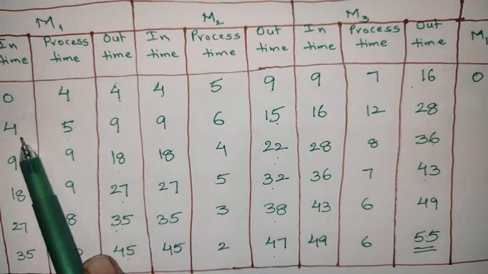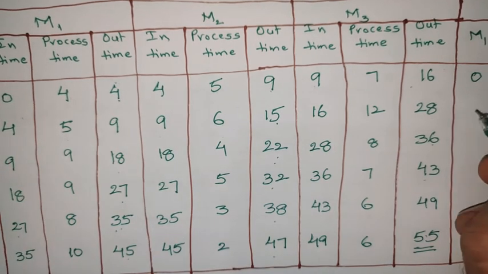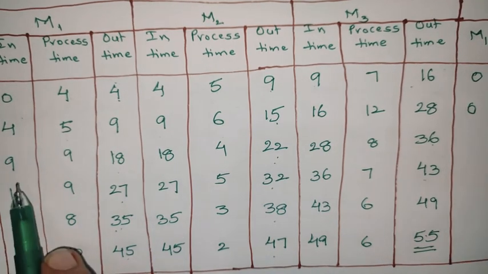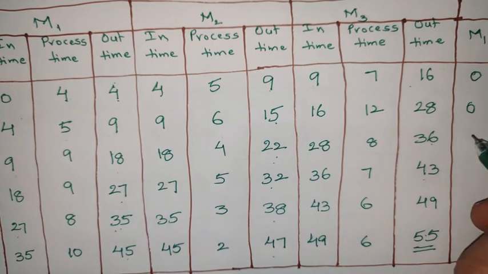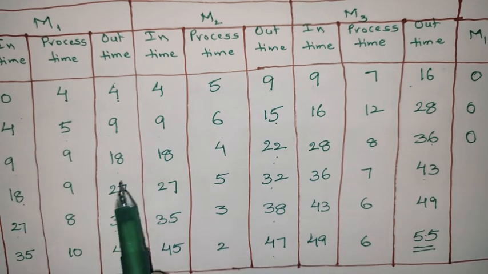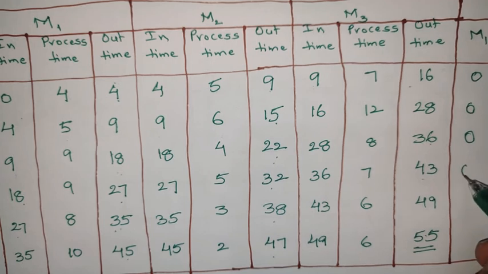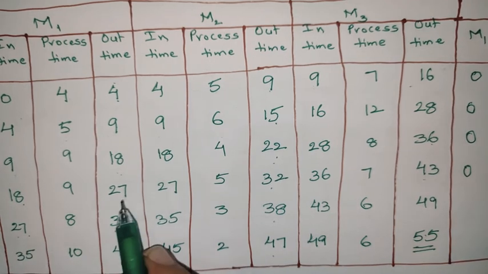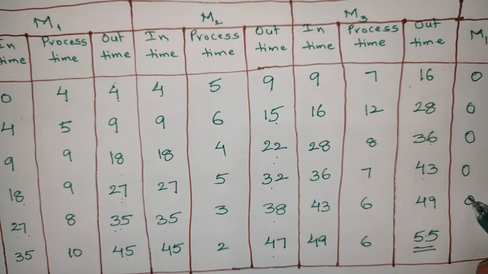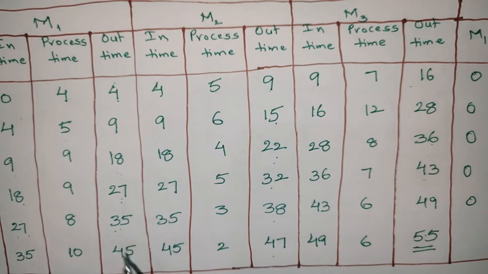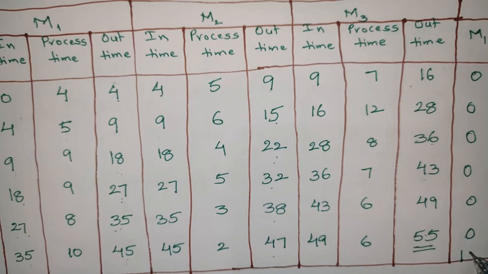Difference of 4 and 4 is 0. Difference of 9 and 9, 0. Difference of 18 and 18, 0. Difference of 27 and 27, 0. Difference of 35 and 35, 0. And then difference of 45 and 55 is 10.